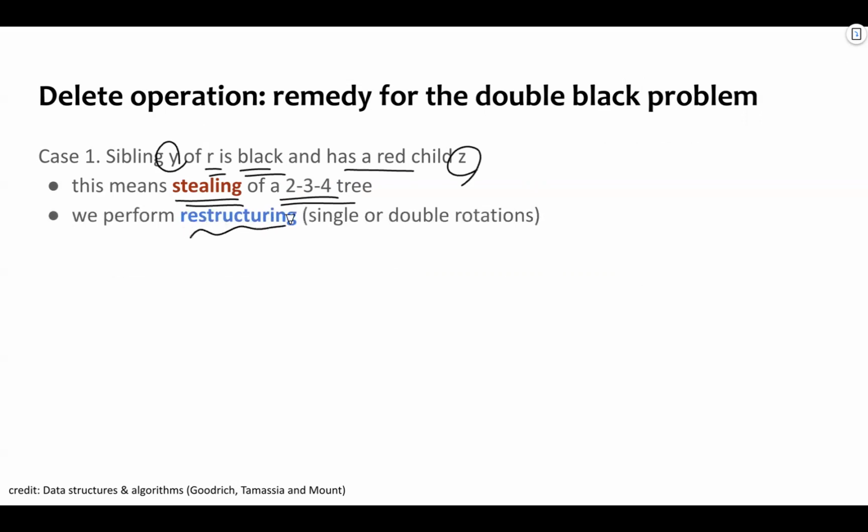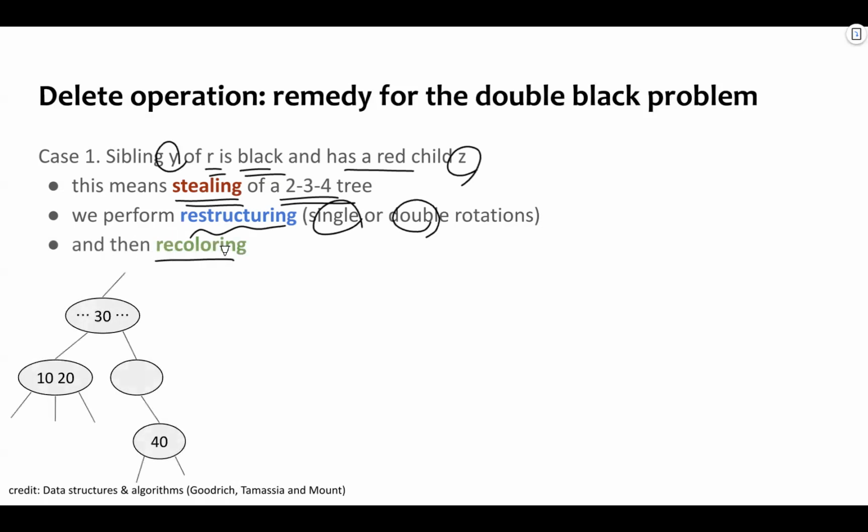And we are going to perform restructuring, single or double rotations. Then we can resolve the issue. And then we're going to perform recoloring. So let's say we removed this node, and we have a right child like this and the sibling.